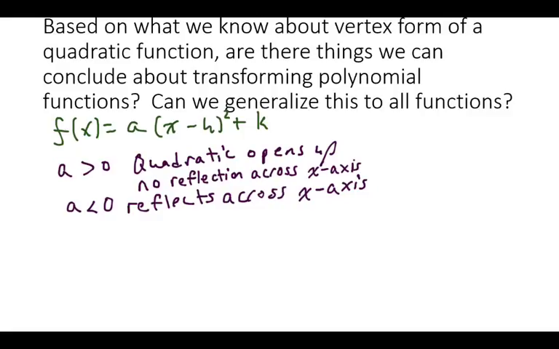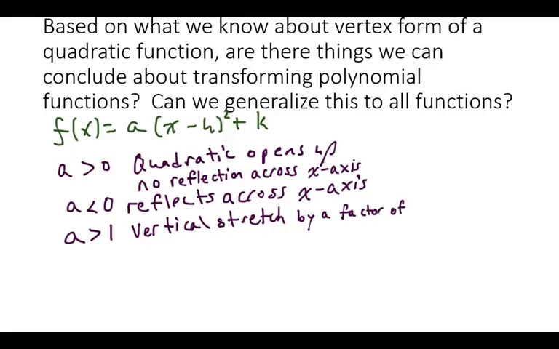A also tells us something else, right? If a is greater than 1, that meant we had a vertical stretch by a factor of the absolute value of a.